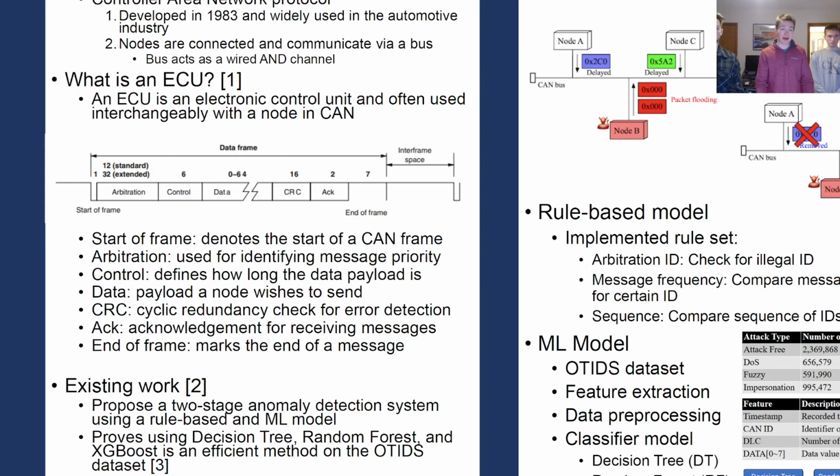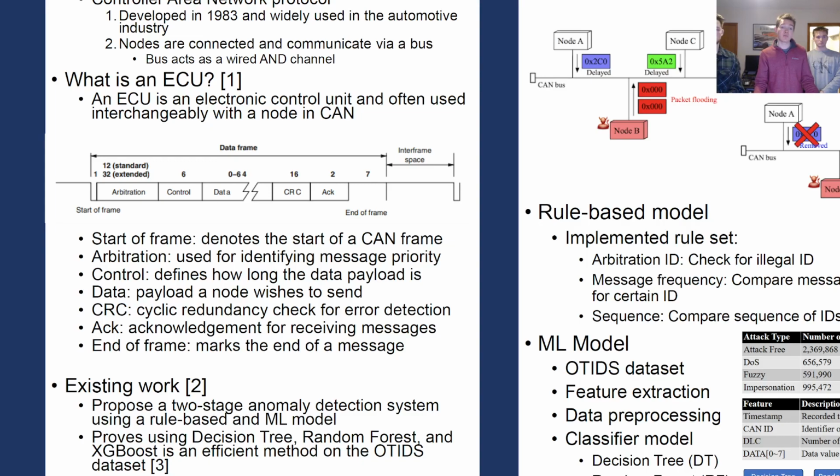Getting into how a CAN data frame is structured, the important fields that we're going to focus on are related to the arbitration field. So a CAN message does not contain address-related information. The way the protocol is set up is it's based off of this arbitration field.